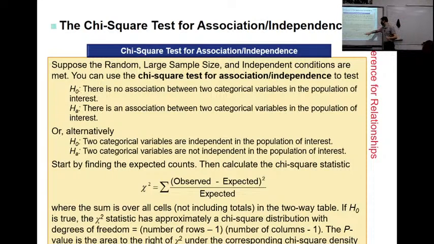Formula is the same. Degrees of freedom is calculated the same way. The conditions are the same. We're checking the expected counts being at least 5 instead of the normal condition. Don't call it normal when it's not normal. Chi-square distribution is not a normal distribution.